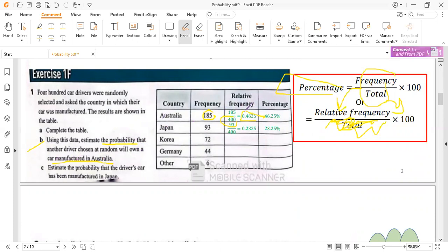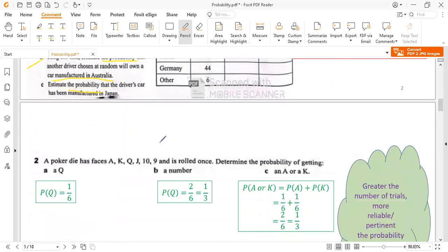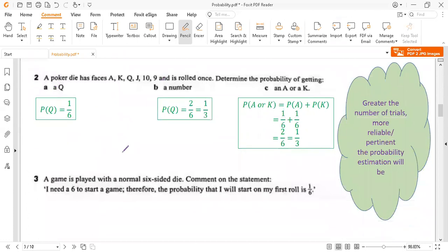So it is 0.4625. How about estimating the probability that the driver's car has been manufactured in Japan? Normally they ask us about the relative frequency, so it is 0.2325.